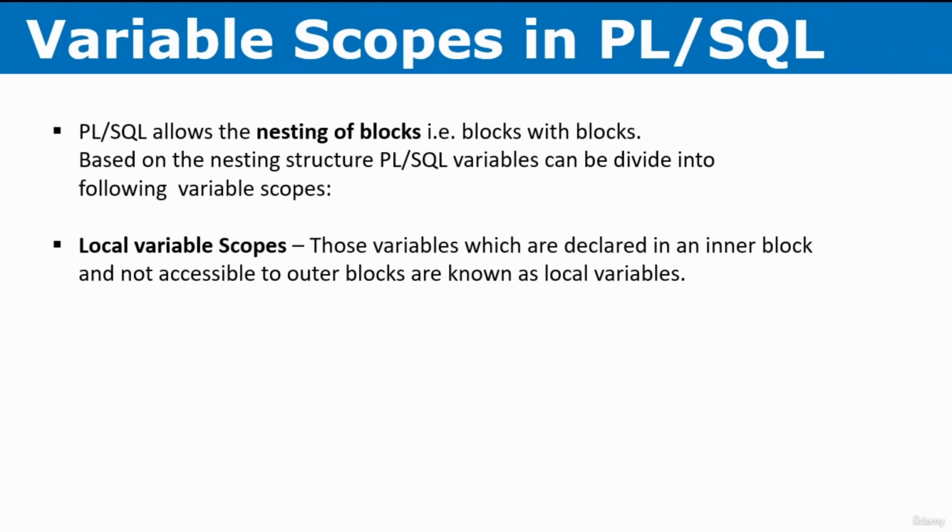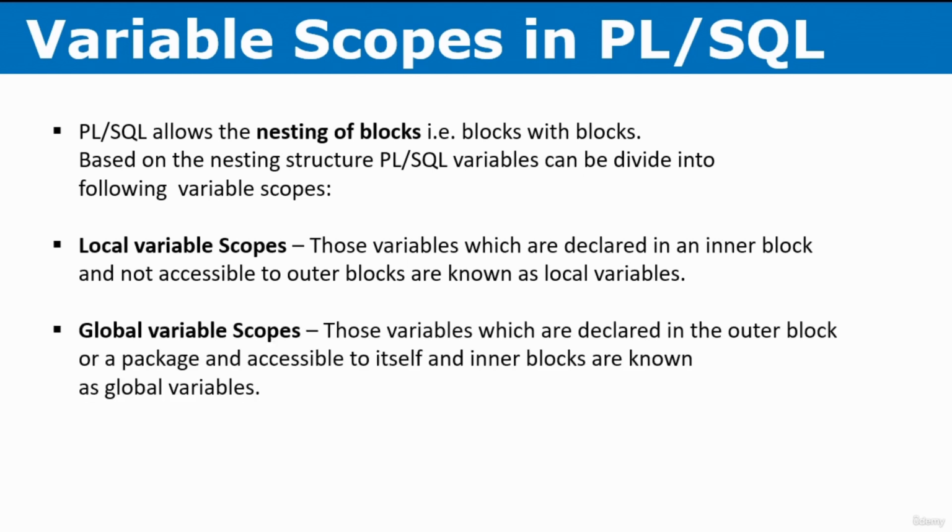Global variables are variables which are declared in the outer block or a package and are accessible to itself and inner blocks. So basically, local variables can only be accessed within the specific block in which they are declared, while global variables can be accessed from anywhere within the blocks.